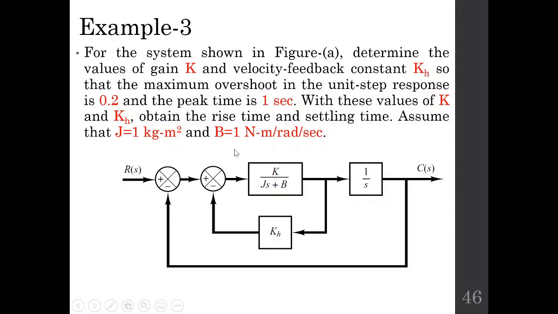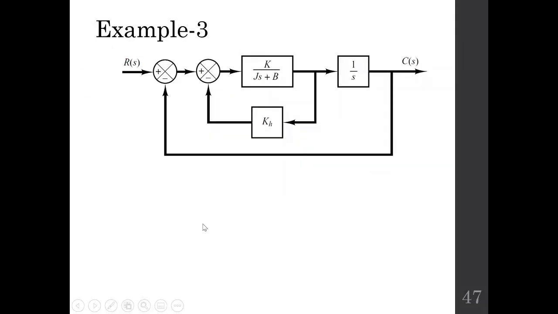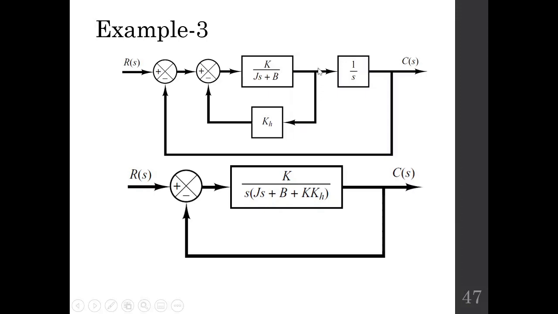By solving for the transfer function of this part, we can represent this as K divided by s bracket Js plus B plus K into K h. This is a unity feedback system.